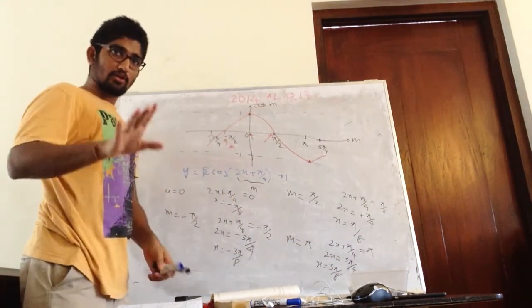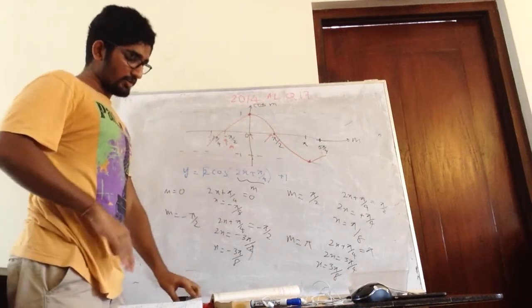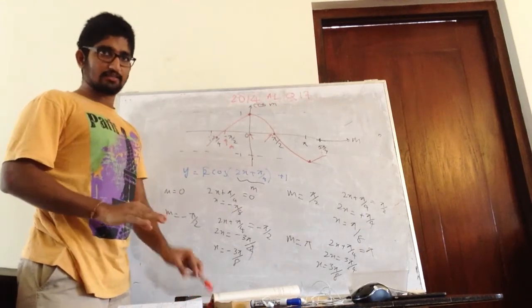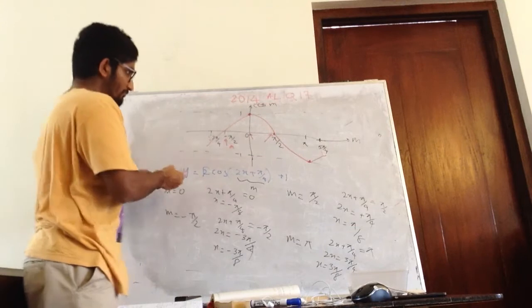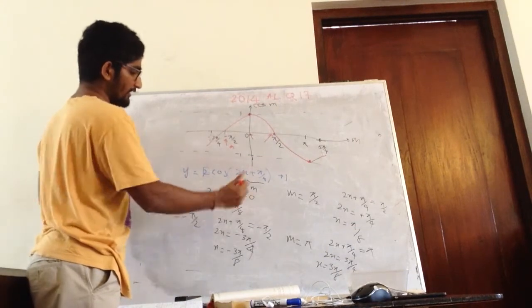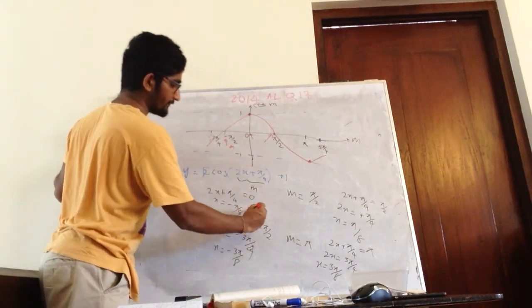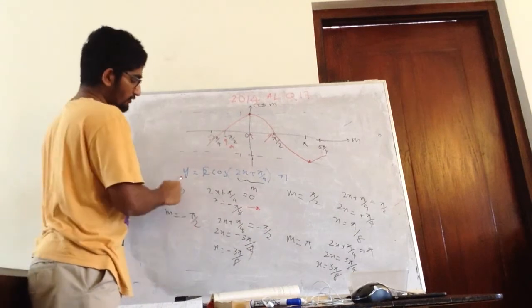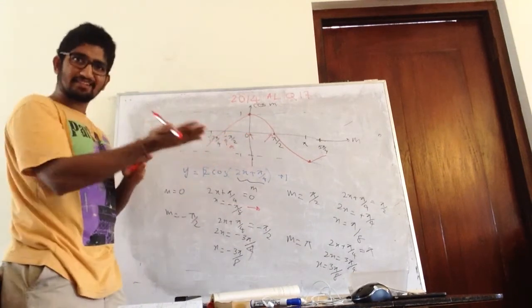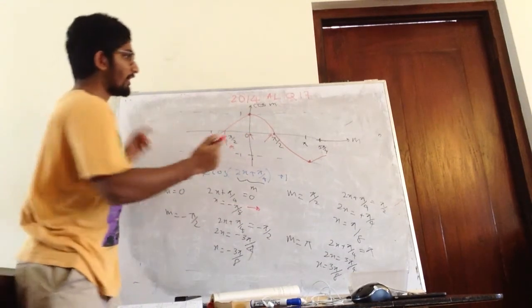Right? So now again you all need to properly understand this. Now when m equals 0, it's on the symmetrical line. So what was y?